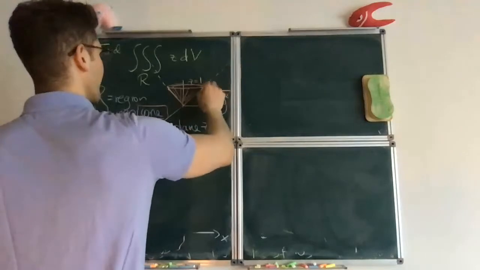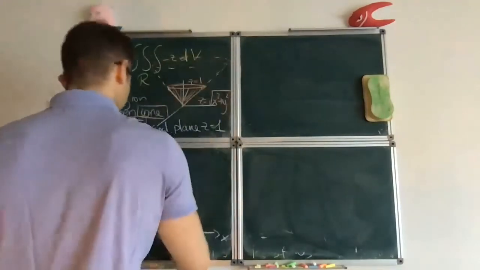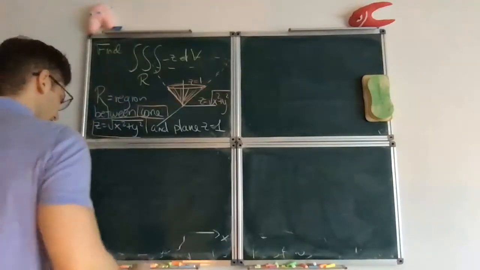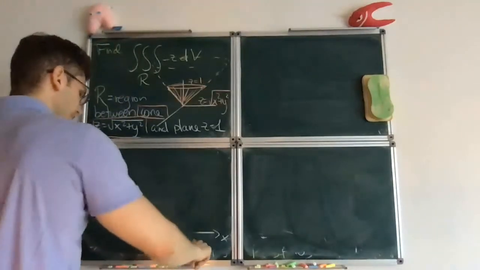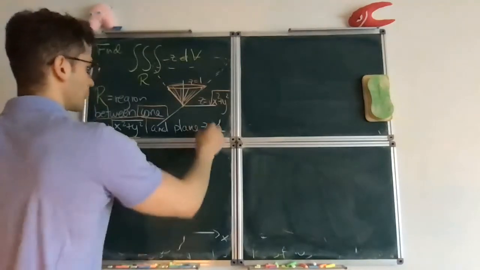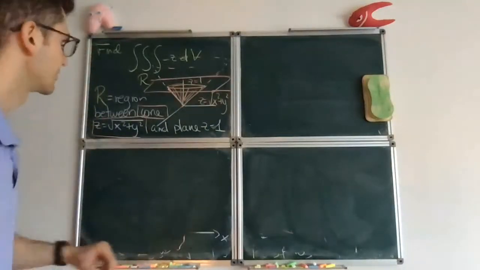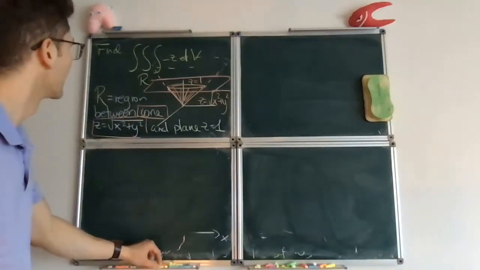It would have kept going. But along the way, what we did is cap it off with this plane that's at height 1. Okay, and so that gives you a finite region.